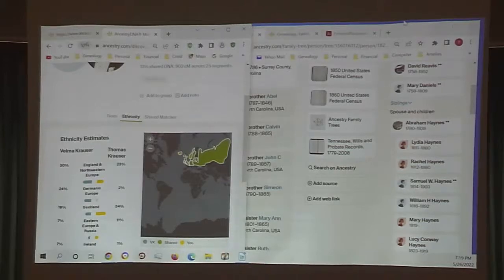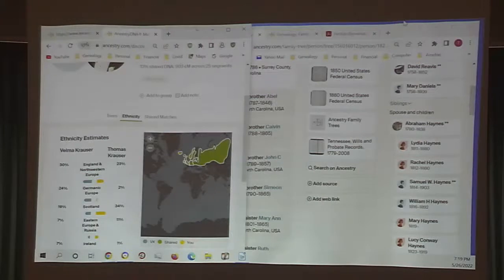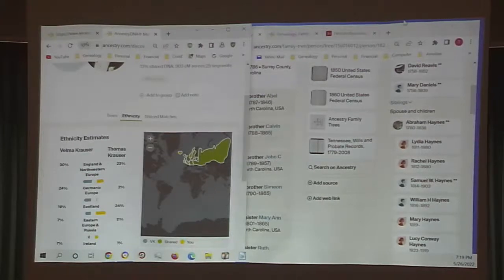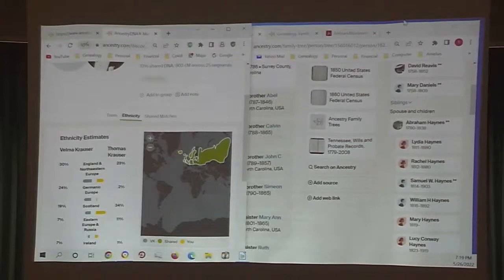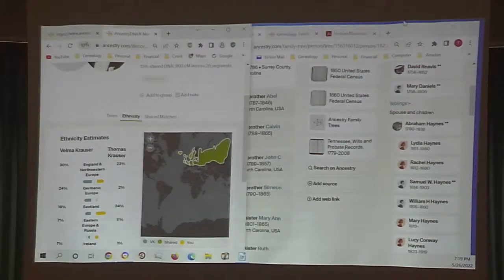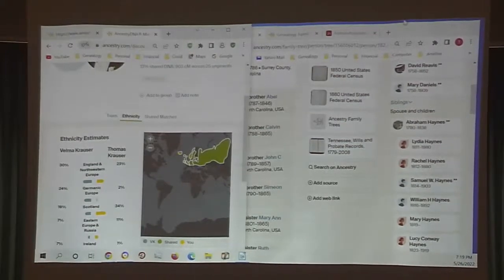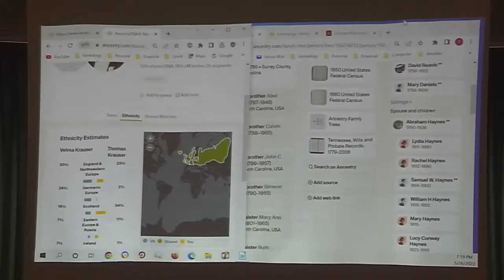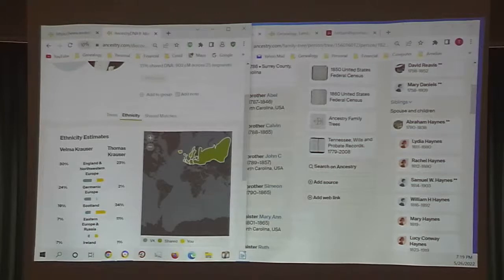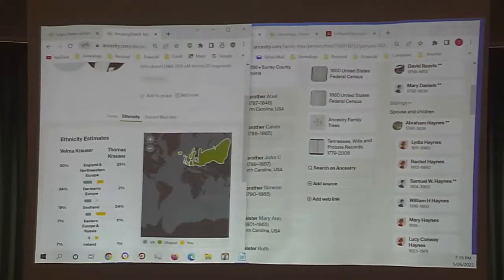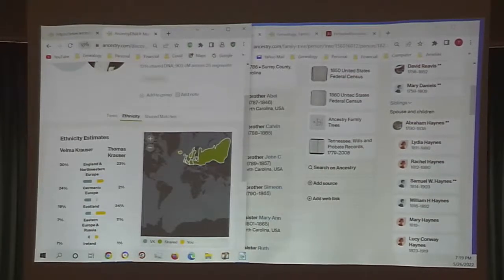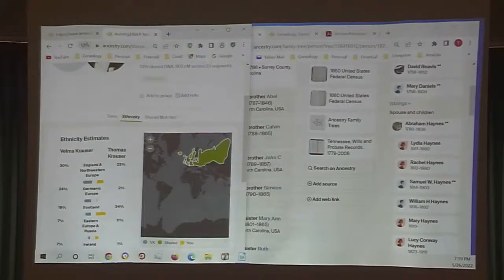Now, so 25, but it says I'm only 2% German. Actually, it was my great-grandfather, not my grandfather. So actually it was 100 for him, then 50, 25, and I should be around 12.5% German, if I got 100% all the way down the tree. But that's assuming they were pure Germanic, and they probably weren't.